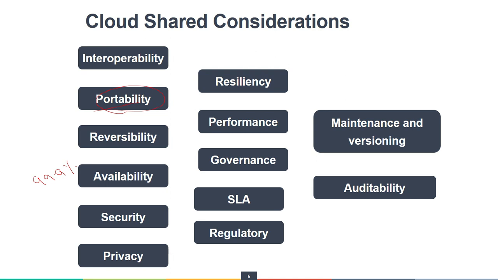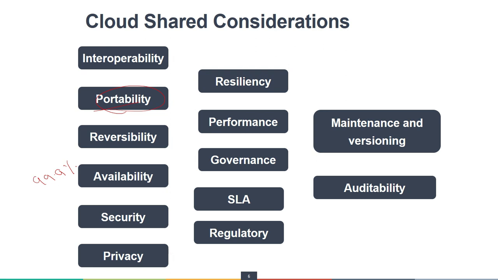Performance. Cloud computing and high performance are intertwined, I would say, because there are new emerging technologies relying on cloud infrastructure. They need higher performance to support these kinds of features or functionality. Governance relates to the policies, procedures, rules, and responsibilities in place to ensure security, privacy, resiliency, and performance.